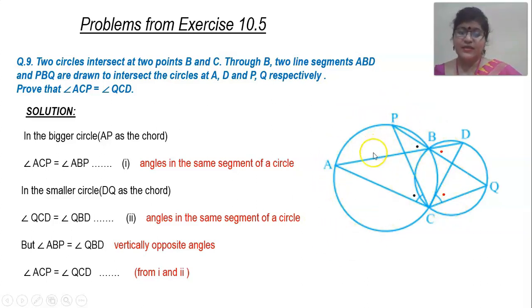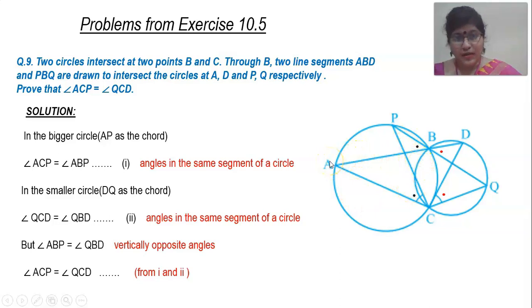In this larger circle, look at arc AP. If I join these two points A and P, I get chord AP. Chord of a circle divides a circle into segments. So this becomes the major segment. In the bigger circle, this is the major segment.